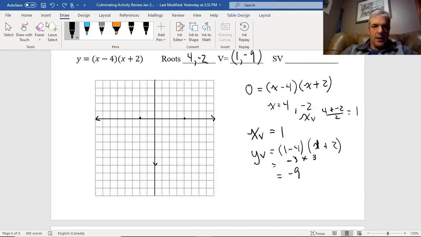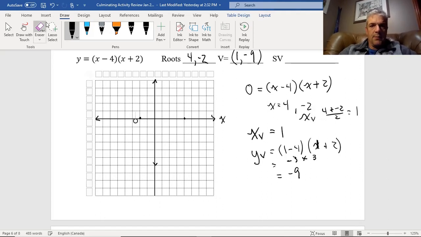Okay, so I'm going to just put my arrow there, label my x, label my y. Now I want to go to x is 1, and y is -9. 1, 2, 3, 4, 5, 6, 7, 8, 9, and there is my vertex.